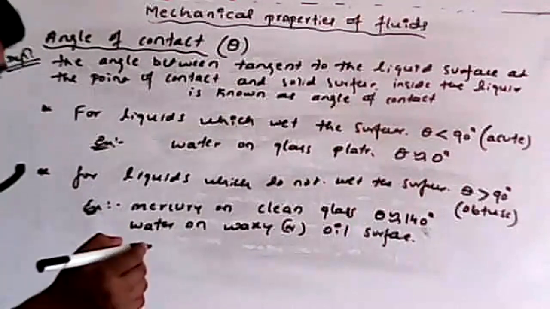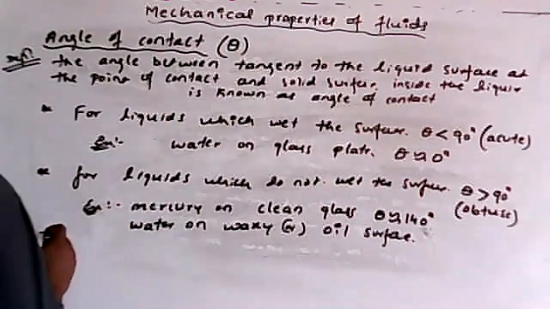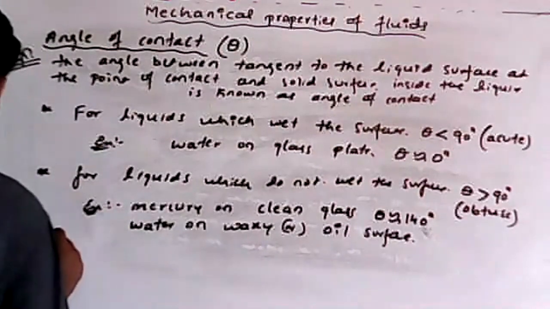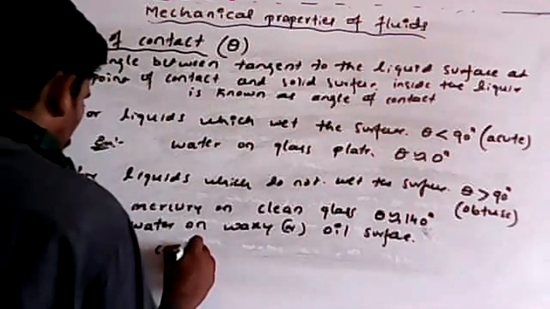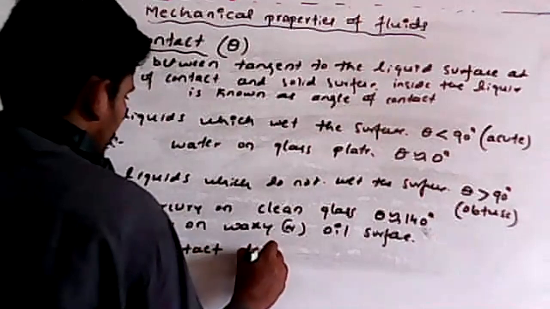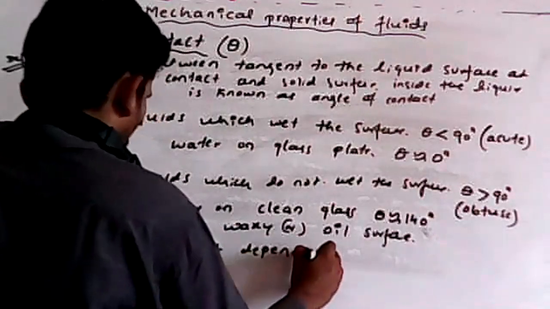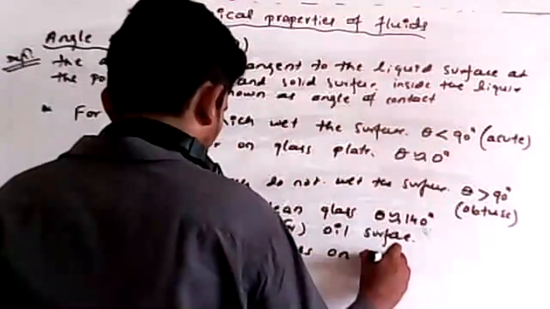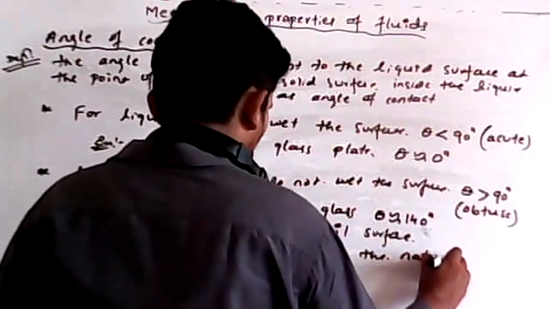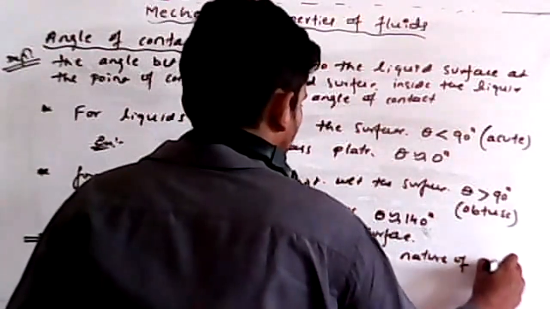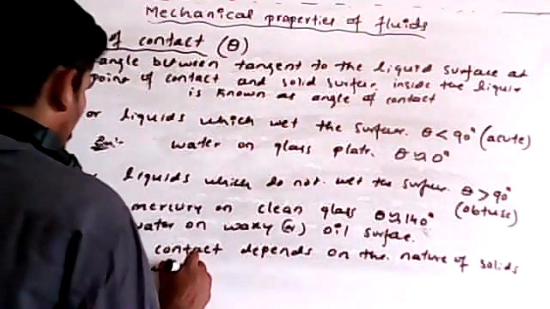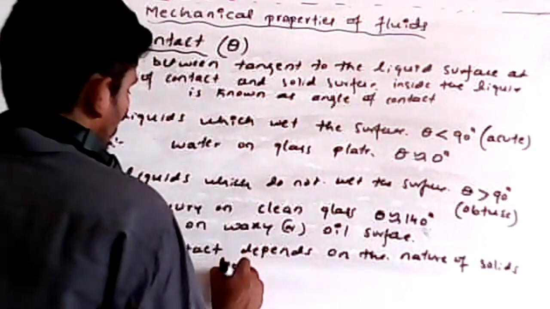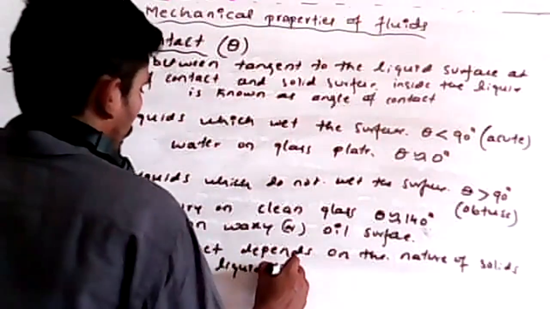That depends on which surface we selected. So let me write one more very important point. What is that point? Angle of contact depends on the nature of the solid on which the liquid is placed.